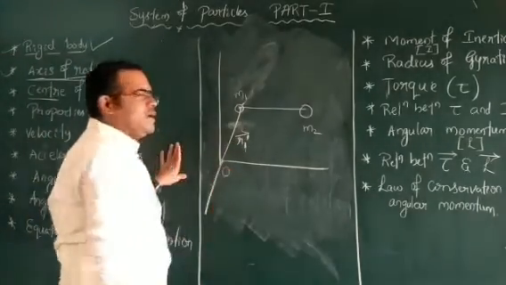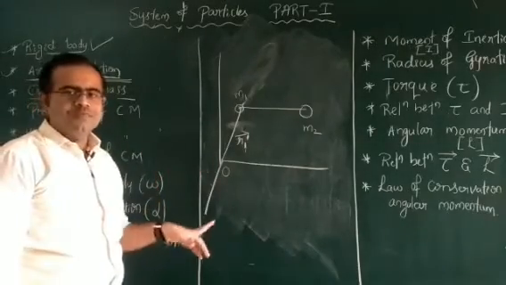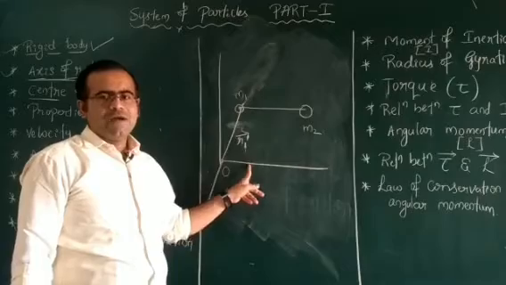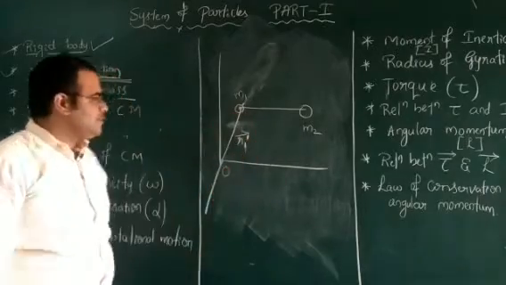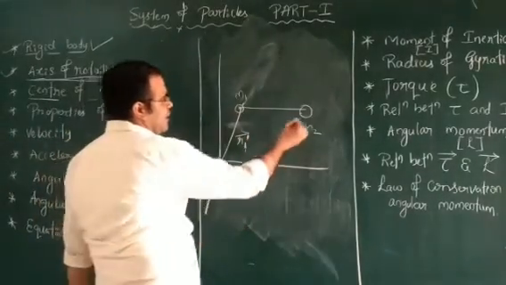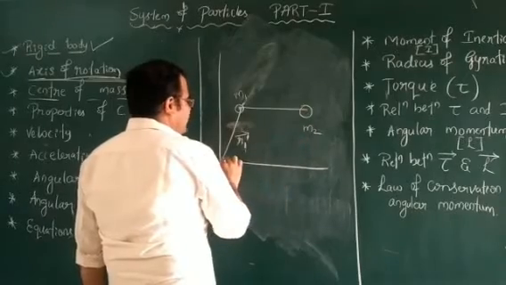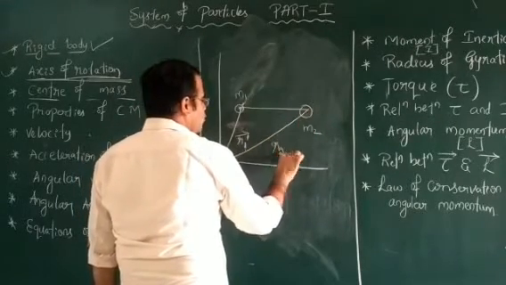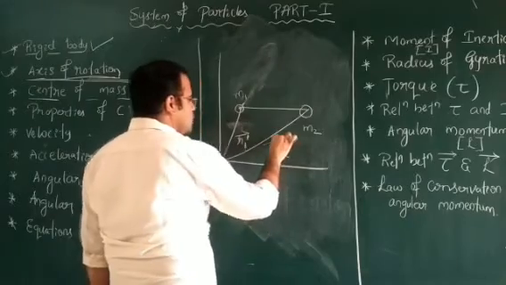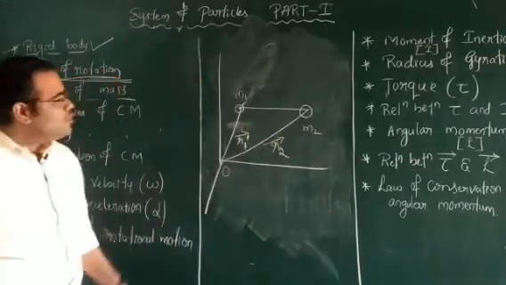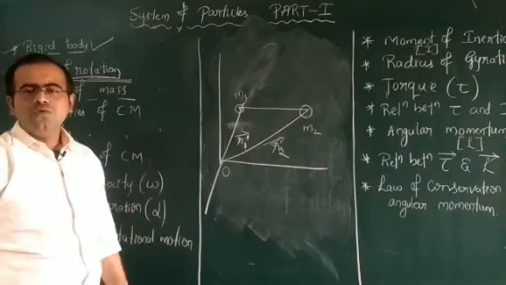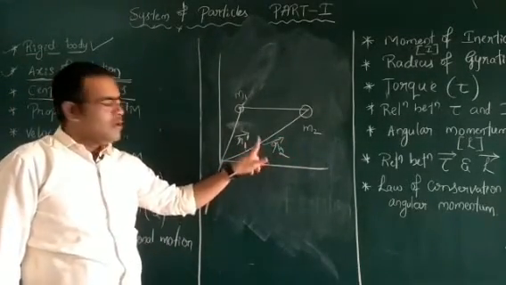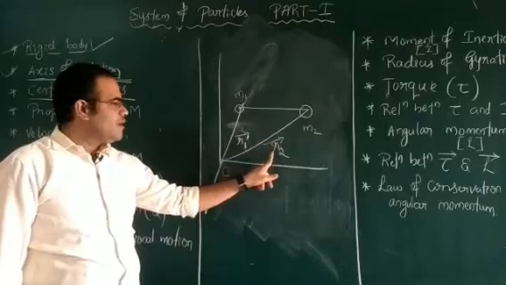Similarly, the second particle is at a distance of vector r2 from the origin, so the second particle has position vector r2.